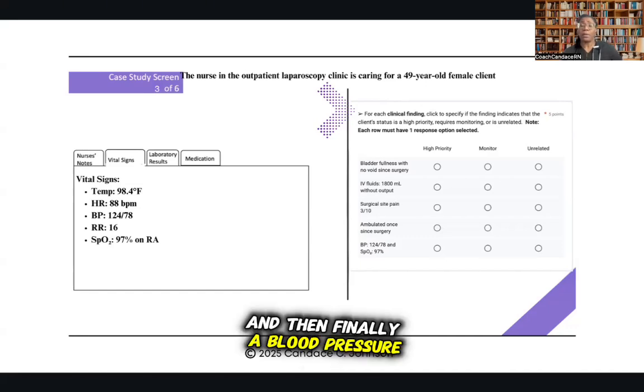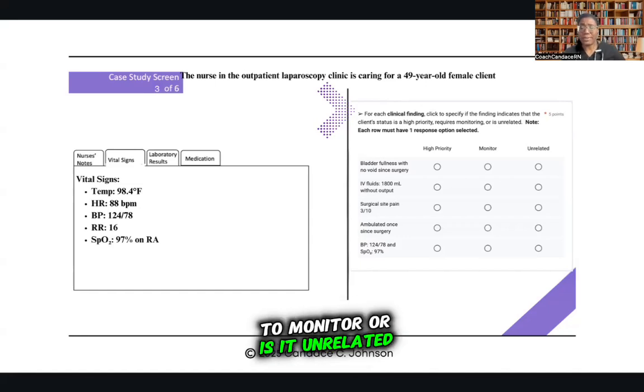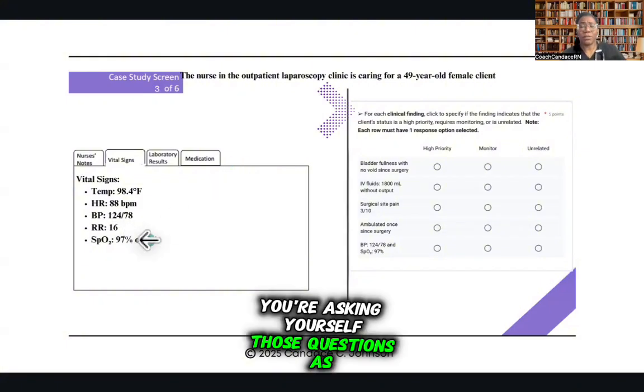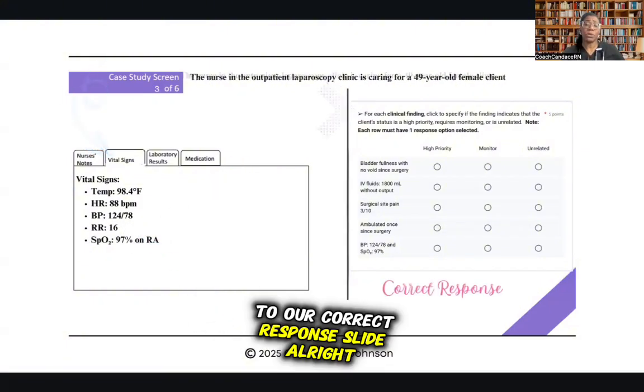And then finally, a blood pressure of 124 over 78 and an SpO2 or pulse oximetry of 97%. Is that a high priority? Something to monitor? Or is it unrelated? You're asking yourself those questions as we move forward to our correct response slide.